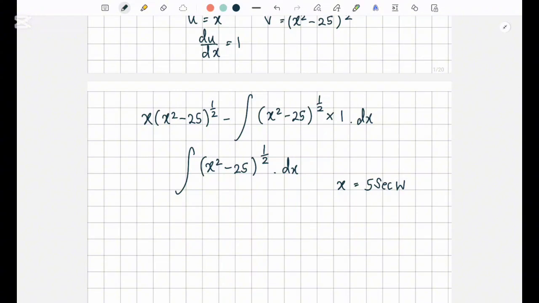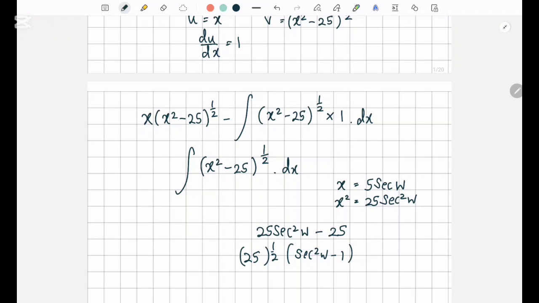When I take a substitution of x equals 5 sec w, if I square this, I get 25 sec squared w. Then it's going to be 25 sec squared w minus 25. You can take 25 outside, and then it would be 5, and you'll have sec squared w minus 1 inside, which is tan squared w, and root tan squared w is tan w. So therefore you can cancel off the roots. That's why we take this substitution.